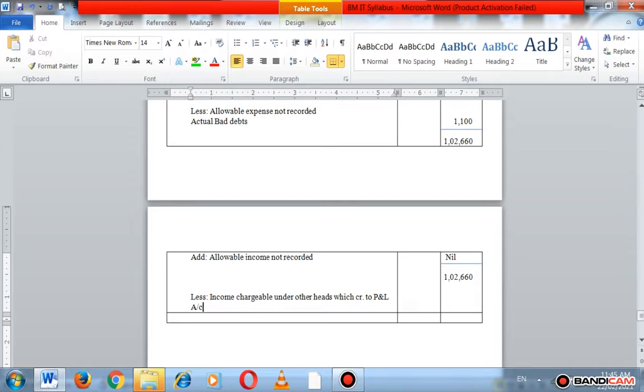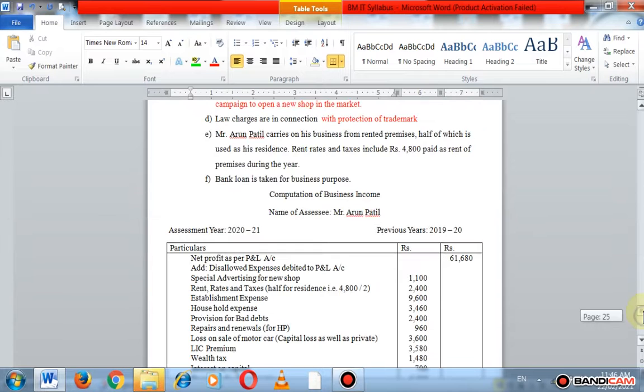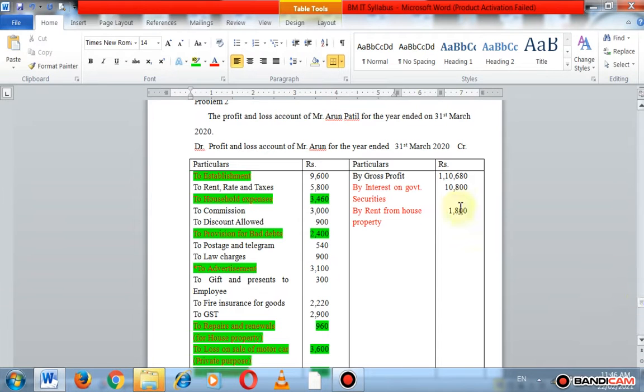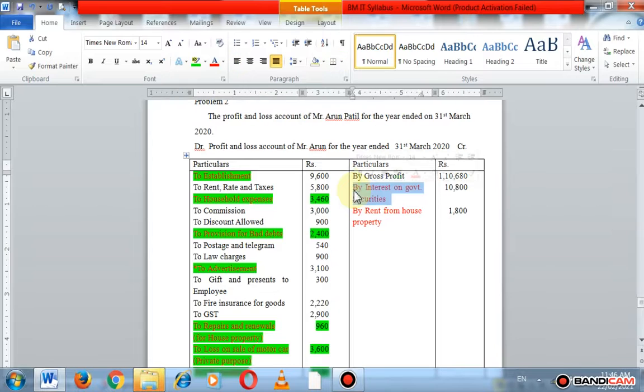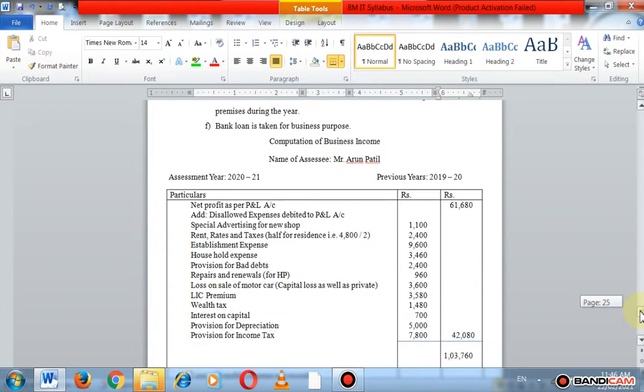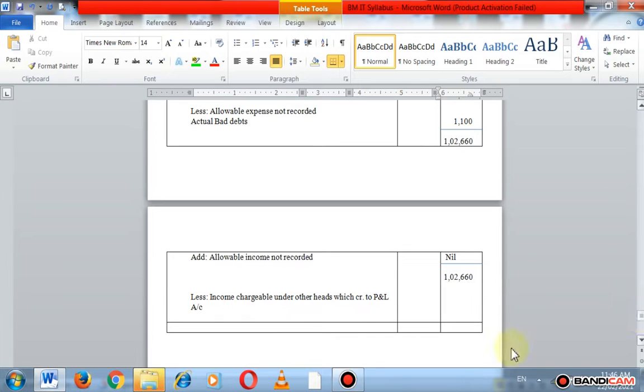So we find out the income from other sources. One is interest on government security, that is 10,800, and rent from house property 1,800. So deduct this income from net profit. It is an income from other source, it is not a business income, so we deduct this income from net profit.